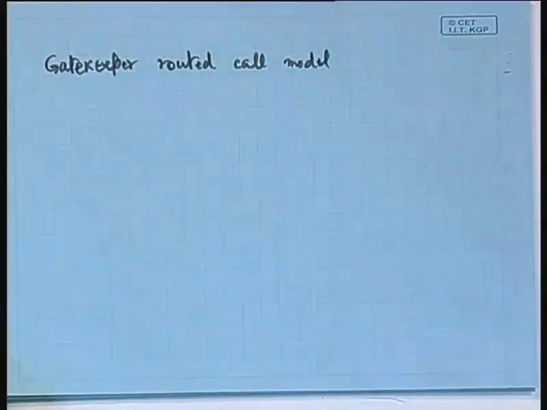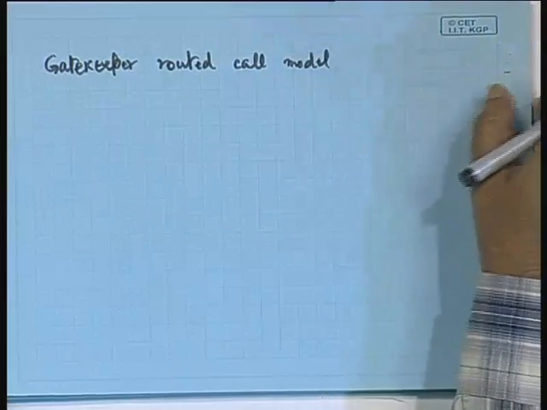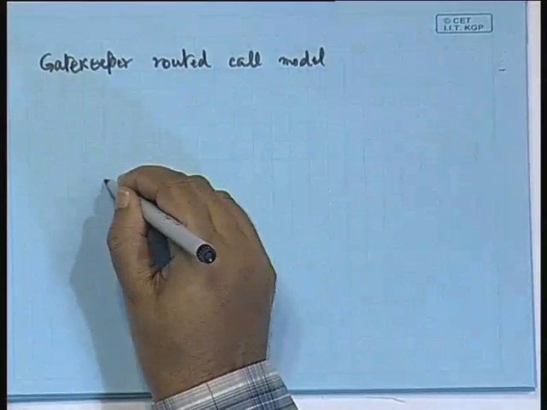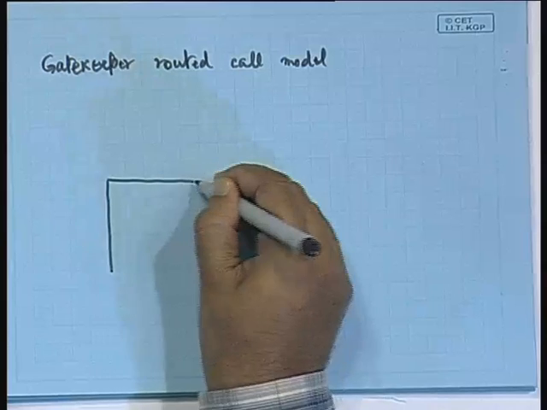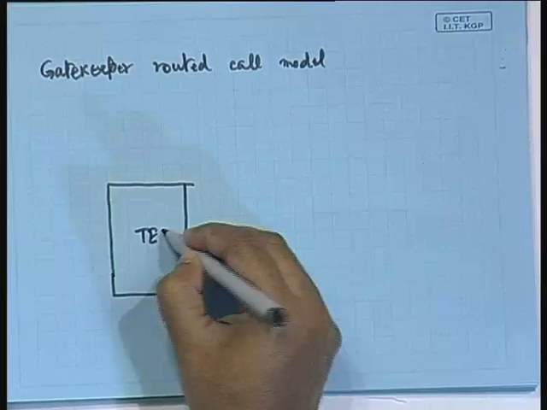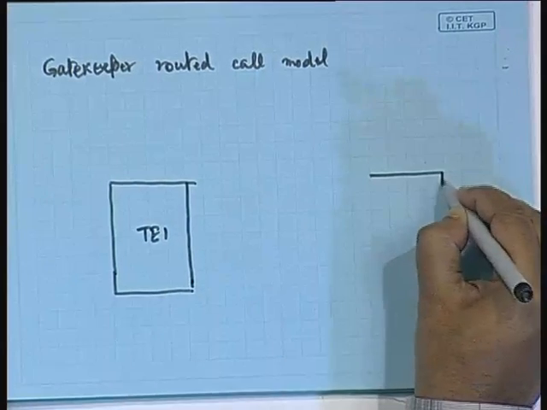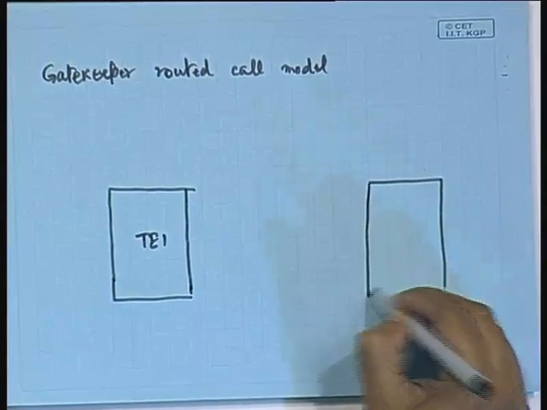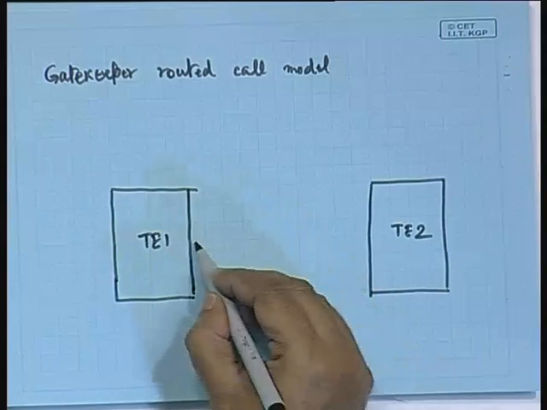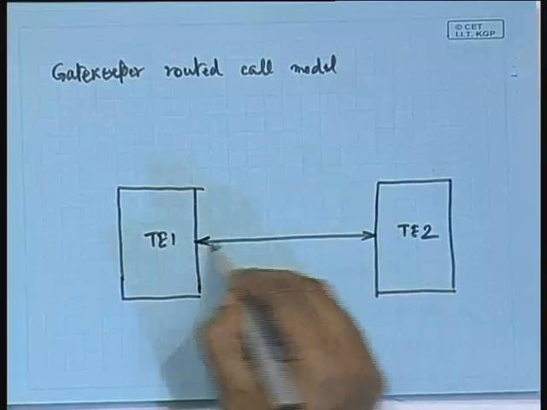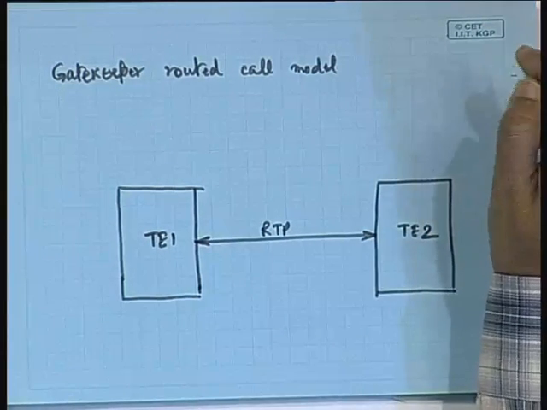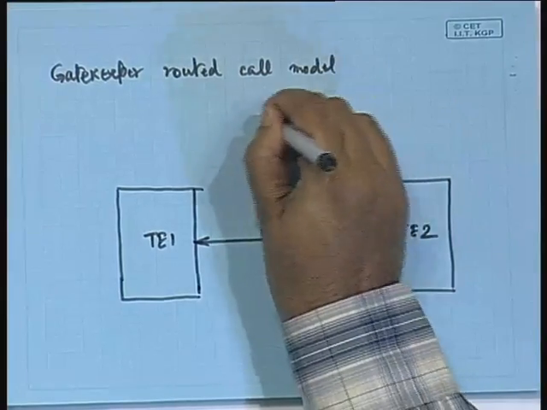And in this model, the entire signaling has to go through the GK cloud. So, we have the TE1 and the TE2. Now, TE1 and TE2 will only have the RTP between them, but all the rest of the signals has to pass through the GK.